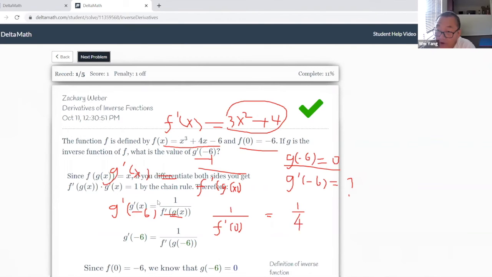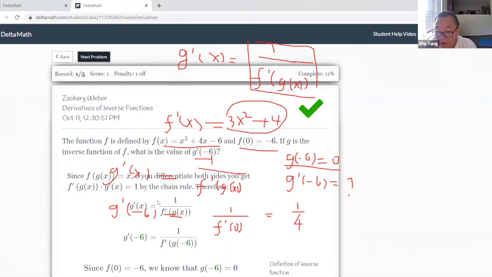When you try to find the derivative of an inverse function, suppose g(x) is the inverse function of f(x), then the derivative of g(x) equals 1 over the derivative of the original function, evaluated at g(x). You need to know this formula, otherwise you don't know how to do it. If you know this formula, this will be very easy.